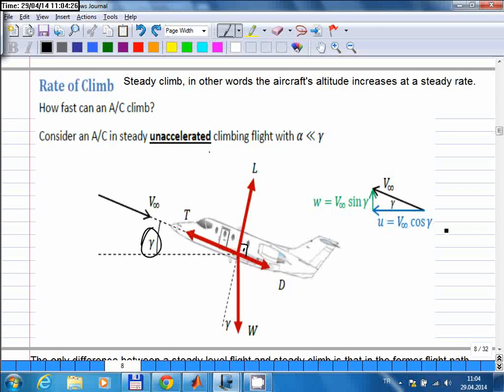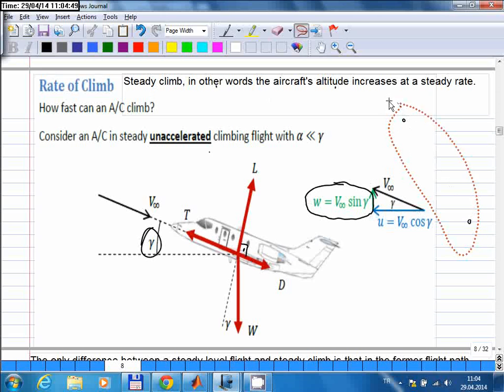So by definition, rate of climb is how fast an aircraft climbs. In other words, the rate of climb is defined as the vertical speed of an aircraft. Okay, so this W is the speed in the vertical axis, and that is equal to the rate of climb of an aircraft.